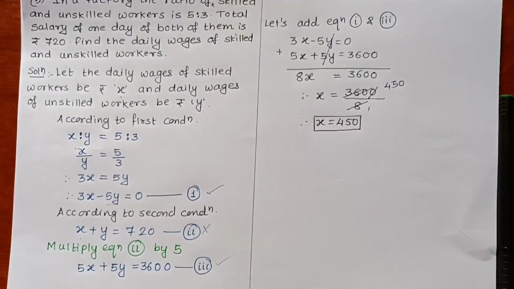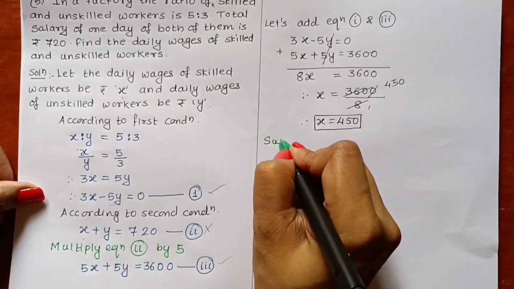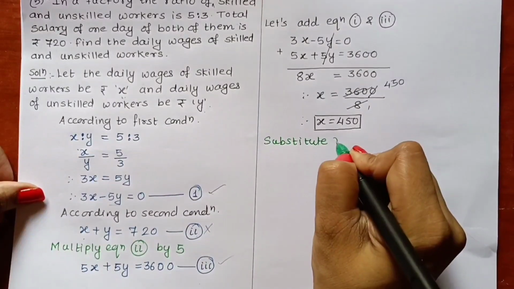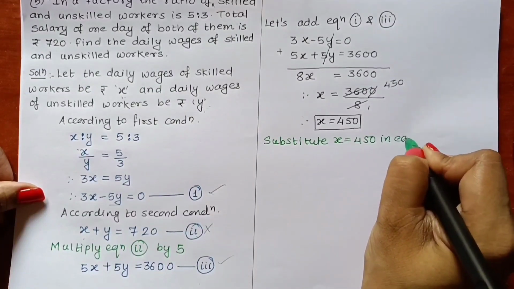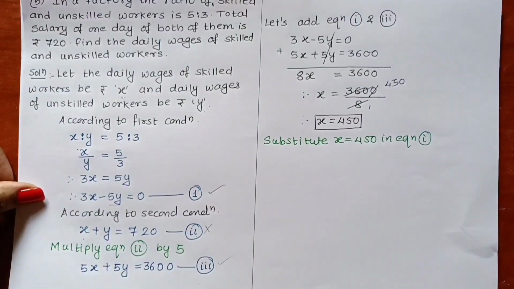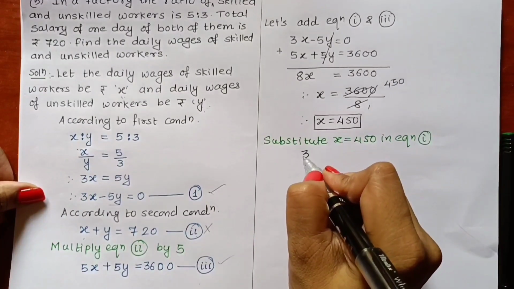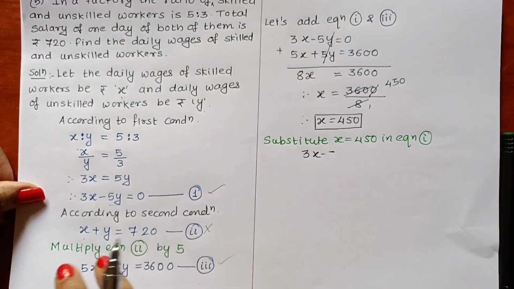From the x value we have to get the y value. So substitute x is equal to 450 in equation 1. Equation 1, once again we will write here 3x minus, if you want you can substitute in equation 2 also.